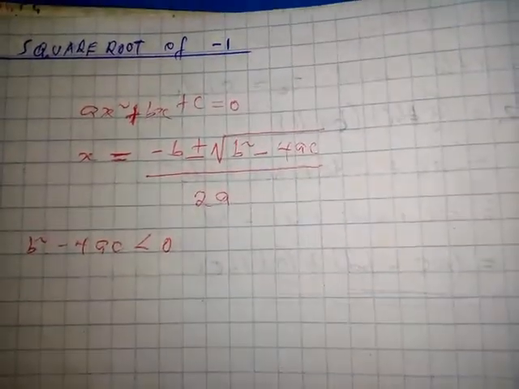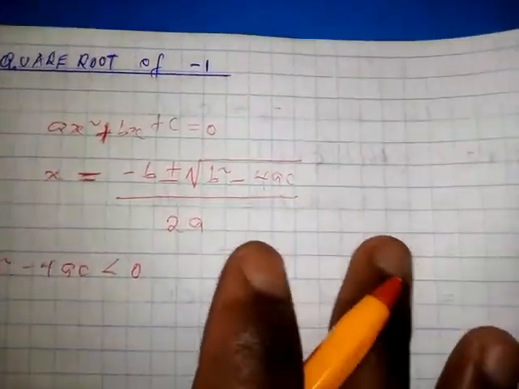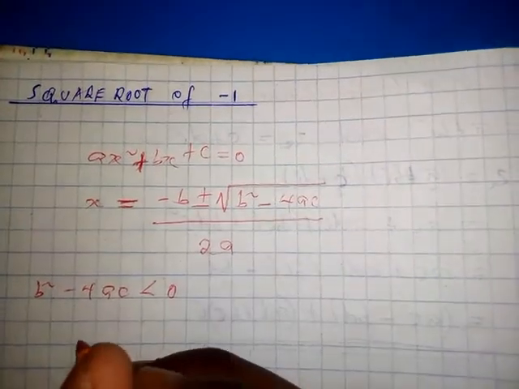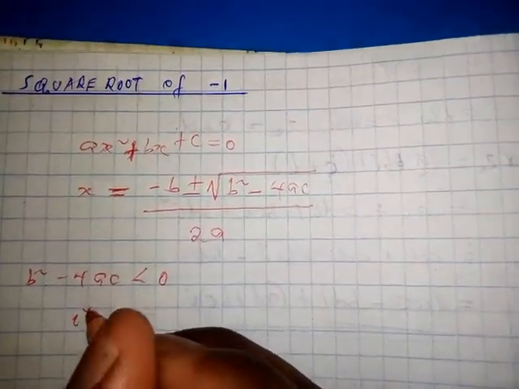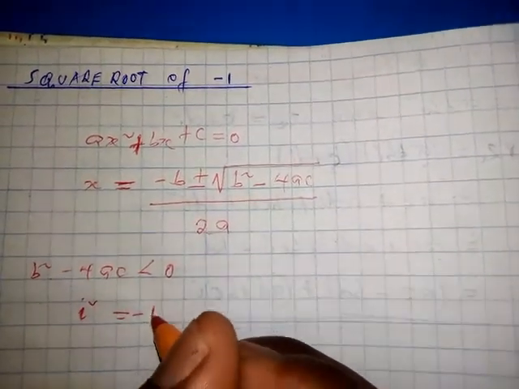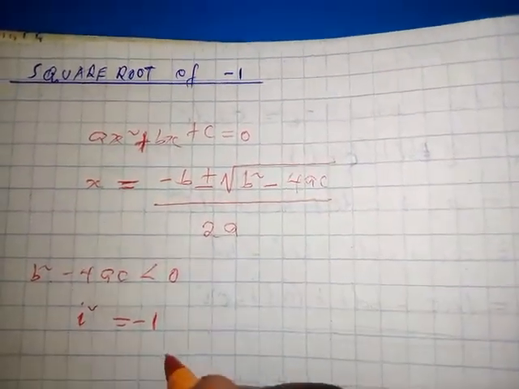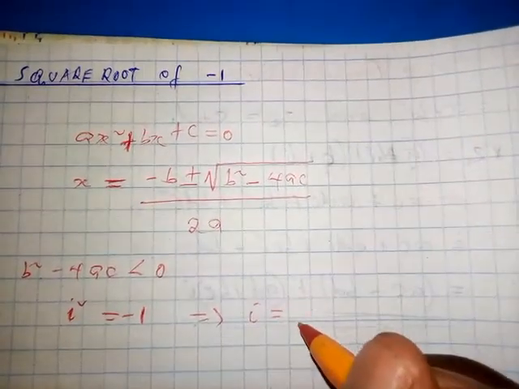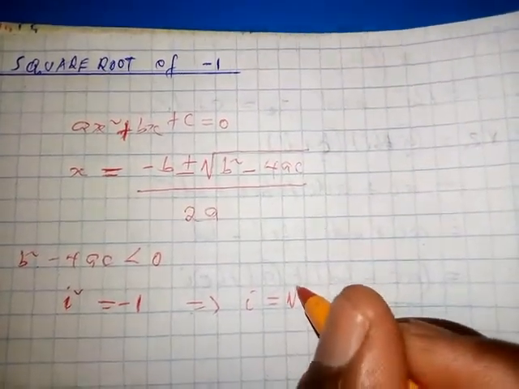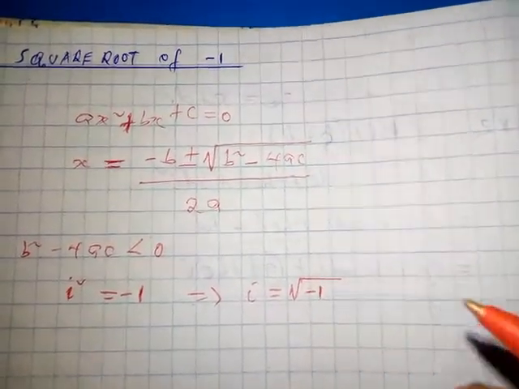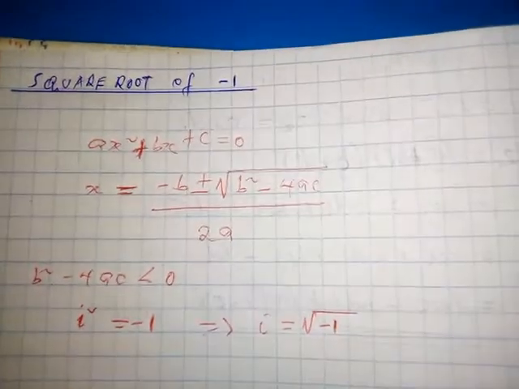We thus define i squared is equal to -1, which implies that i is equal to the square root of -1.